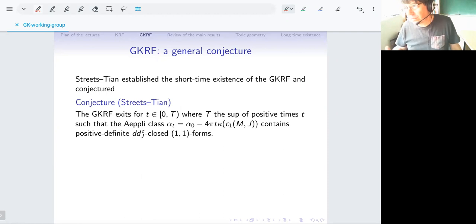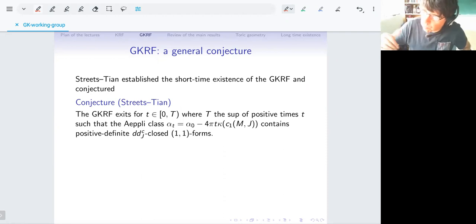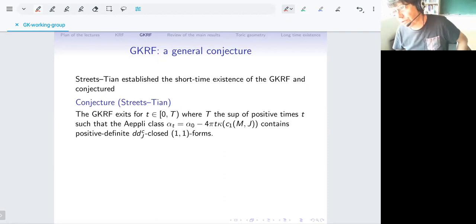By the way, this Aeppli cohomology is dual to the Bott-Chern cohomology in degree (n-1,n-1). And this positive definiteness can be restated as positive definiteness in Bott-Chern, by duality. So there is a dual statement as well, which is probably a little bit closer to some topological consideration.